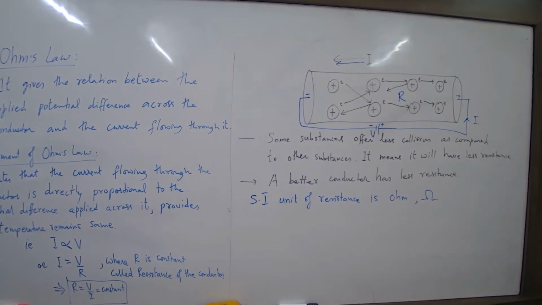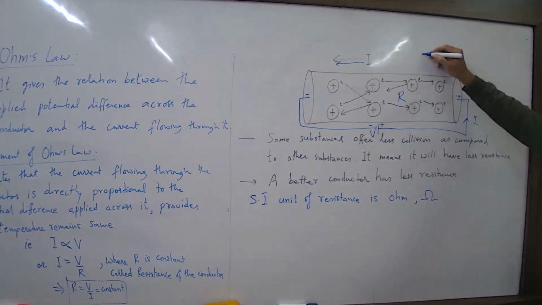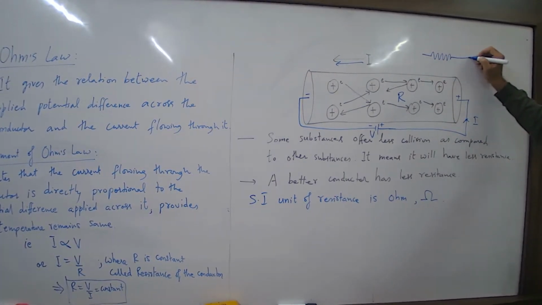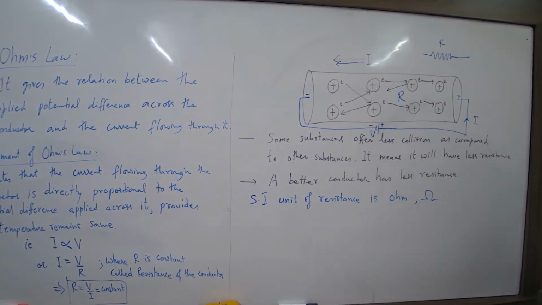How do we draw the resistance? The symbol for resistance is this. This conductor will be drawn like this now. Okay? So we don't draw such a bulky diagram every time.